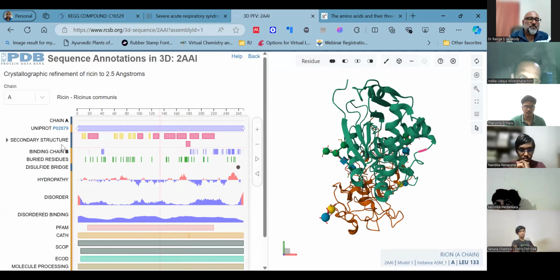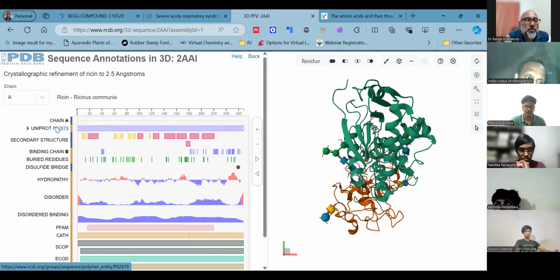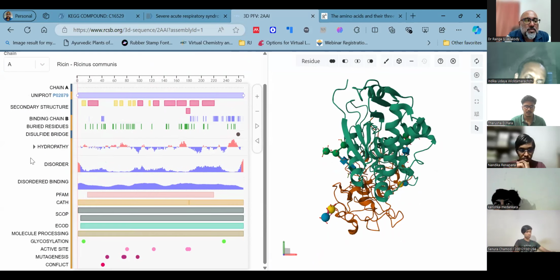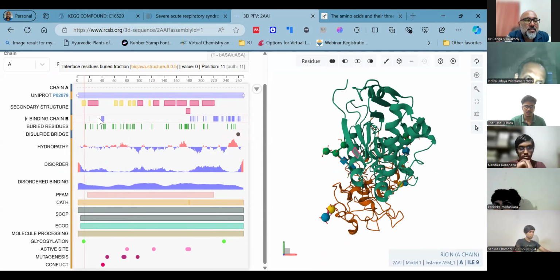And then it has the UniProt sequence also. This has amino acid residues. For example, binding chain is over here.